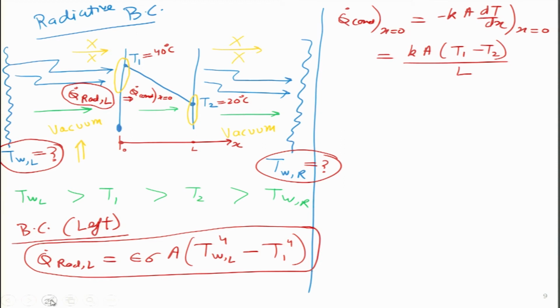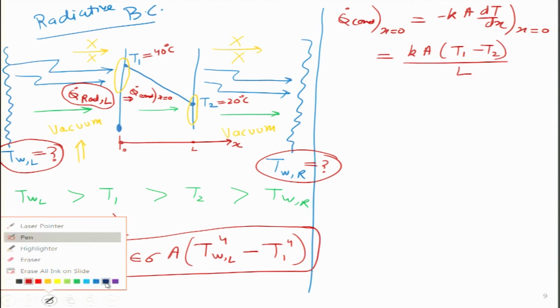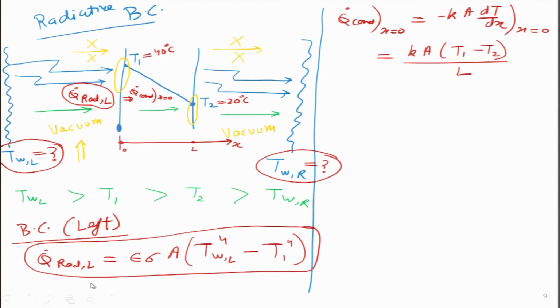Now, I will just use a word of caution, and with an example I will show why I am being cautious. So, let us go back to the wall, and instead of 40 degree centigrade, I want to write 273 plus 40, and this will come out to be 313 in Kelvin. So, whether I use centigrade or Kelvin, in conduction it does not really matter, but in radiation it is very important that we always use Kelvin itself, because we have to take T to the power 4.